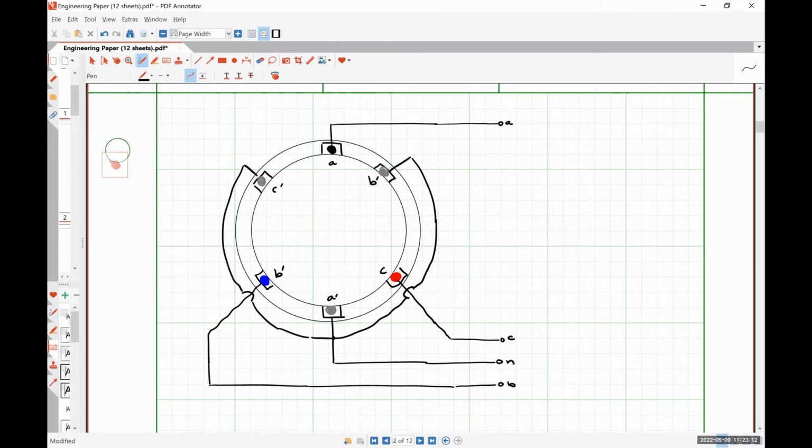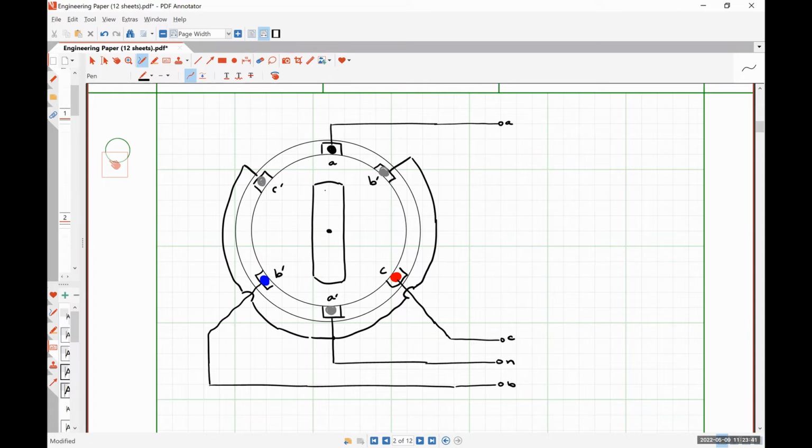Now we're going to talk about the rotor. I am going to draw the rotor as if it were a permanent magnet, but in truth, it is an electromagnet as well. Okay. This black dot in the center here is effectively representing the axis of rotation.